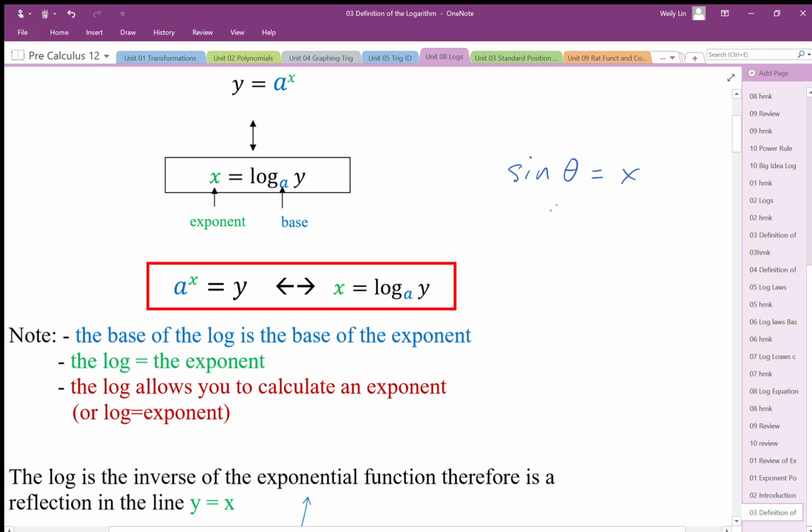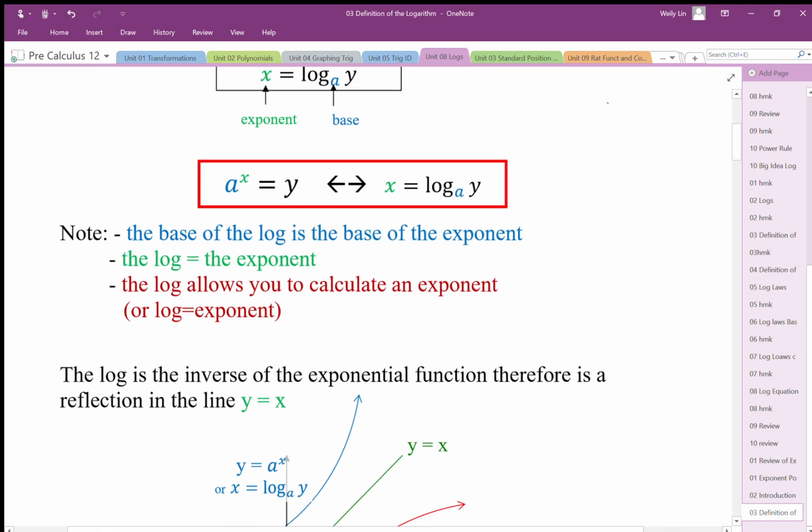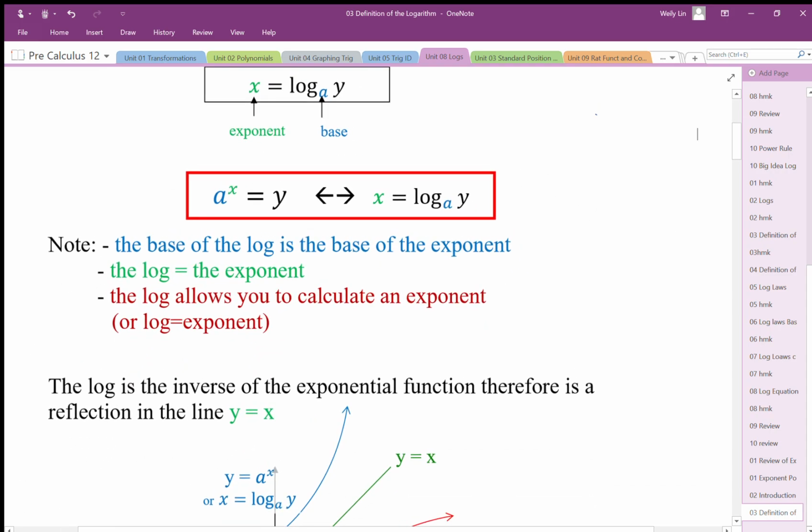We can rewrite that with an inverse operation, and we say the inverse sine of the ratio is equal to the angle theta. So this is an equivalent translation of the function and its inverse. That's what we've done here. We are just rewriting the exponential as a log, and we want to make sure that we are able to translate between the two.